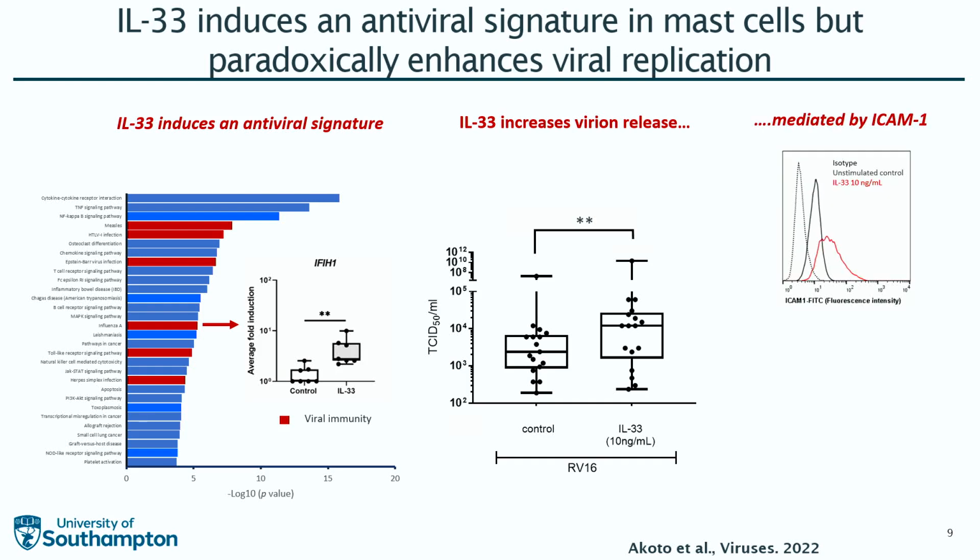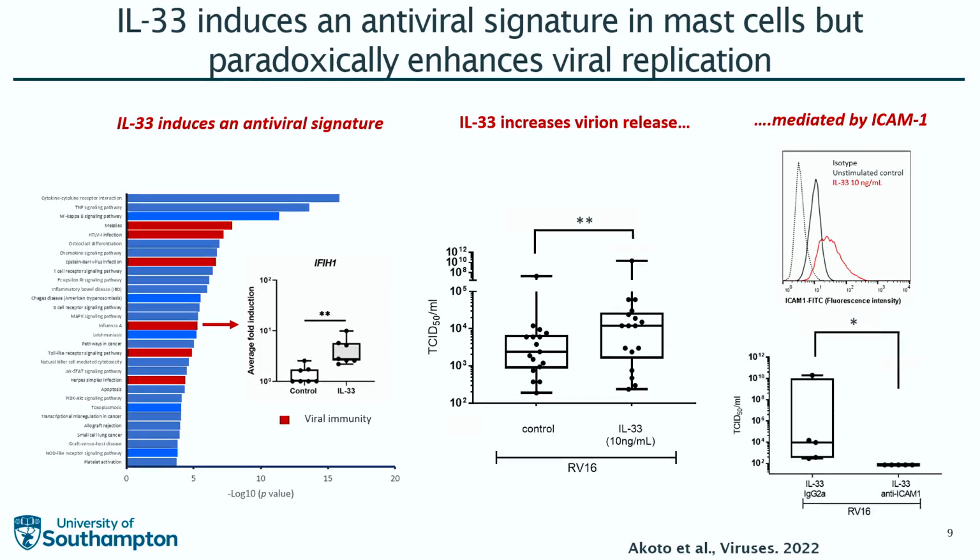We demonstrated this was mediated by ICAM1, the receptor that rhinovirus 16 uses for entry. IL-33 increased that receptor, and if we blocked it with an anti-ICAM1 antibody, we could reverse the increase in virion release. This suggests that in the context of severe asthma, IL-33 actually contributes to exacerbation directly by affecting mast cells, although obviously this has to be demonstrated in vivo.